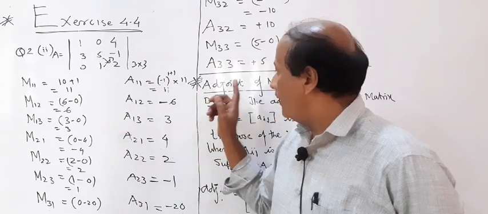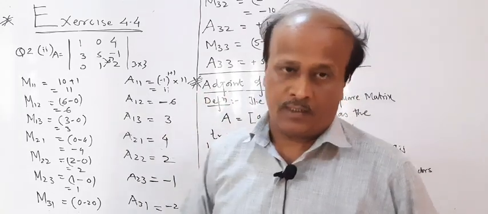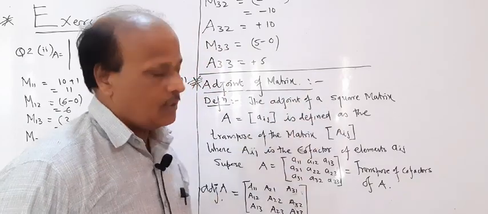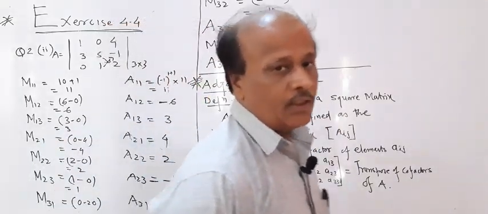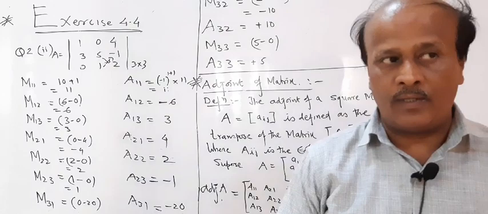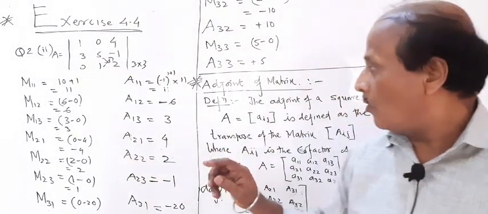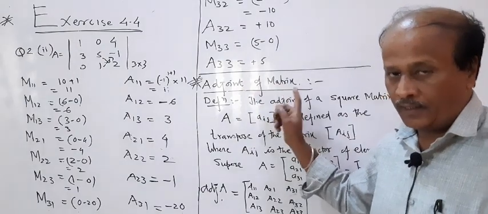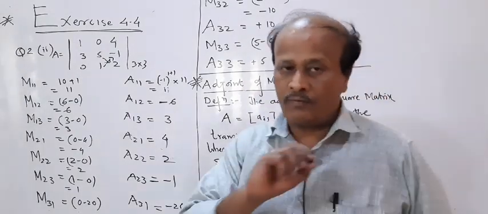So the new article is adjoint of matrix. So first of all let me go through the definition of adjoint of a matrix. If you are having any square matrix, then first step is to find cofactors of that square matrix. Adjoint of a matrix is defined only if you have a square matrix.